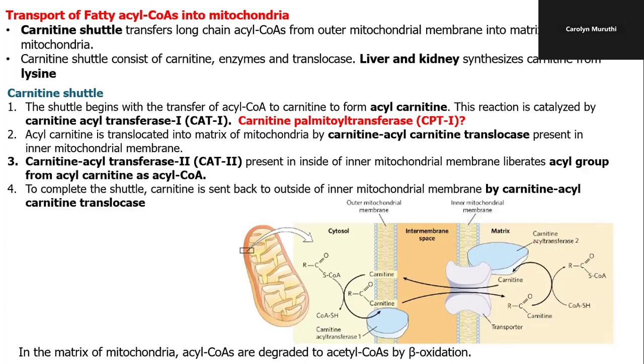When it gets to the matrix, carnitine acyl transferase 2 will then liberate the acyl group from acyl-carnitine. And so this will generate an acyl-CoA and carnitine, which then will be shuttled again back to the outer mitochondrial membrane, still by translocase.